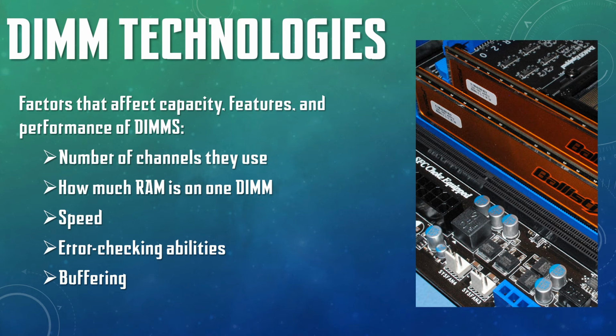So, number of channels. In some cases, on some motherboards, there's a little bit of performance to be gained by putting certain sizes of RAM in certain slots. What the hell are we talking about? Well, in this picture, there's a black RAM slot, then a blue one. And you can't see it because it's behind this first chip.